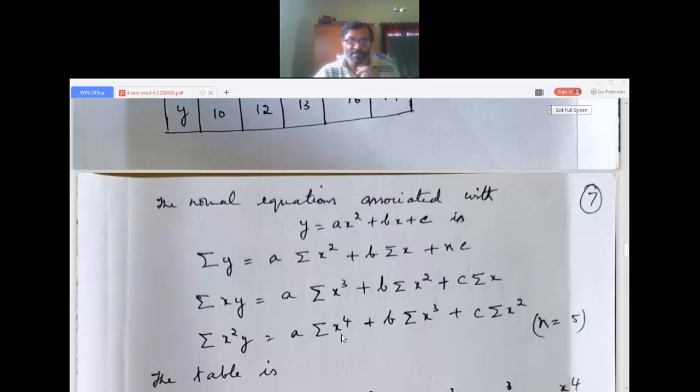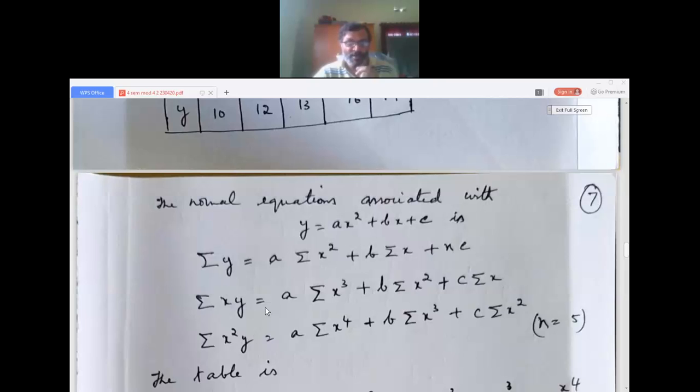So sigma xy equals a sigma x cubed plus b sigma x squared plus c sigma x.